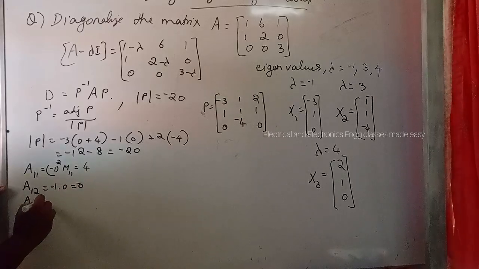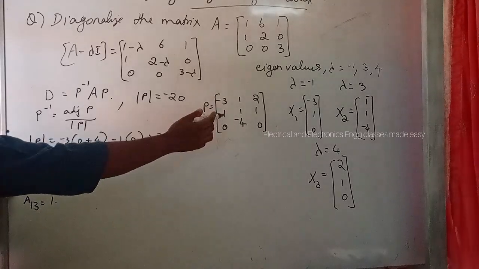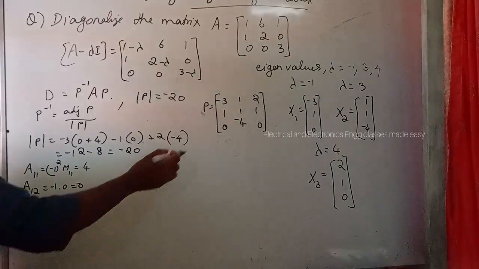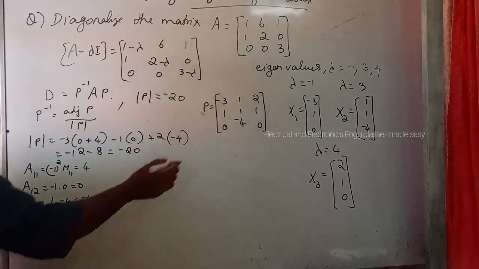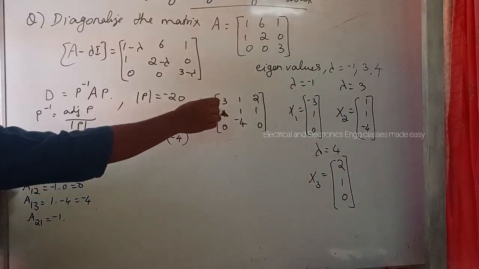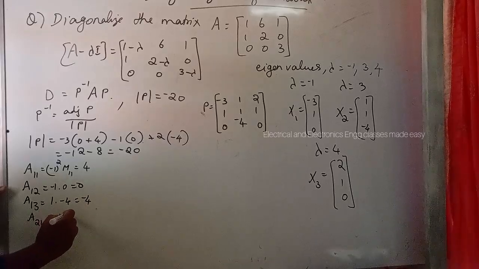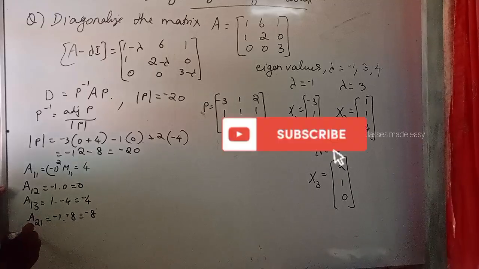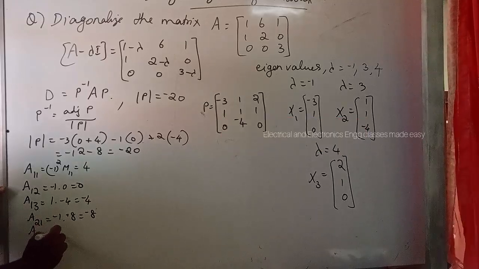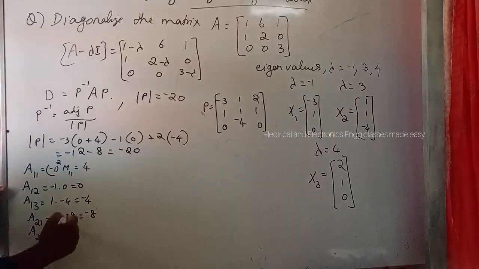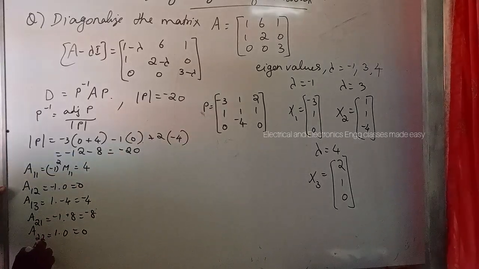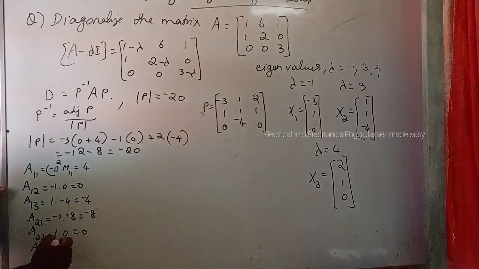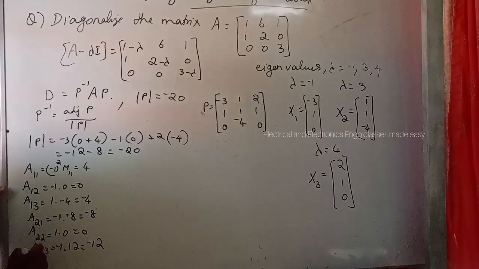Then A13 equals 1 into minus 4. Then A21 is minus 1 into 0 minus 8, that is plus 8. Then A22 equals 1 into 0, so A22 is 0. A23 equals minus 1 into 12, that is minus 12.